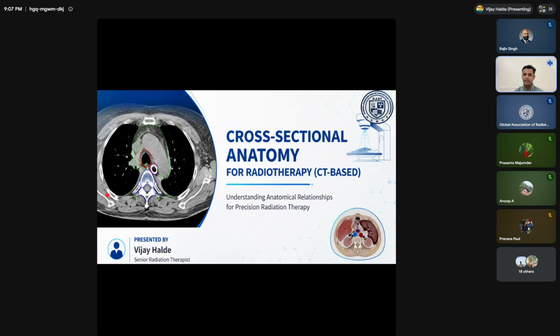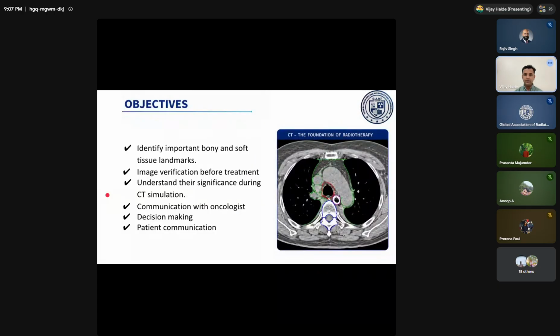The knowledge gained today will help to improve patient care, setup accuracy, and image matching during IGRT procedures. So, the objective of this session is to identify the important bony and soft tissue landmarks, which will help in image verification before treatment, and to understand the significance of anatomy knowledge during CT simulation.